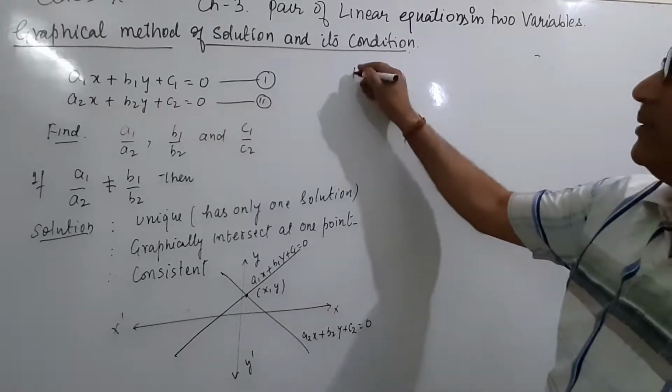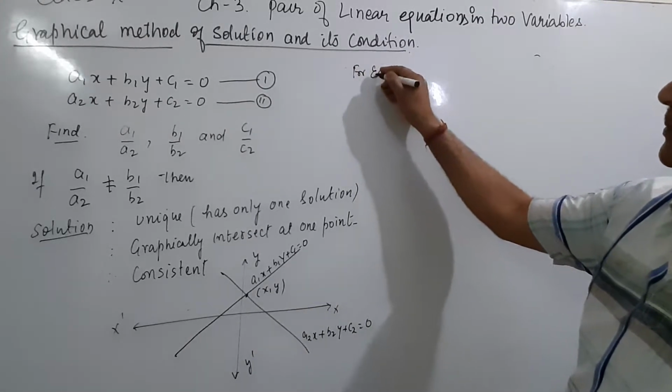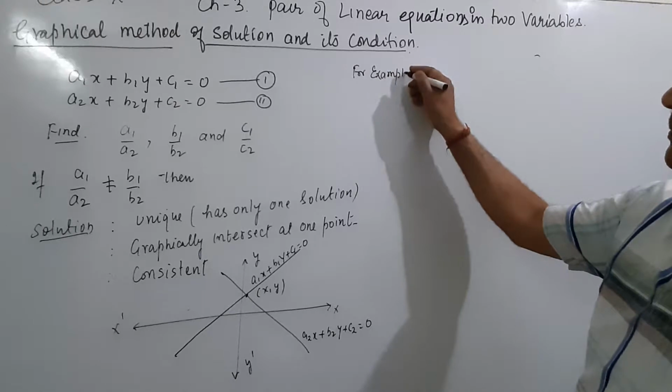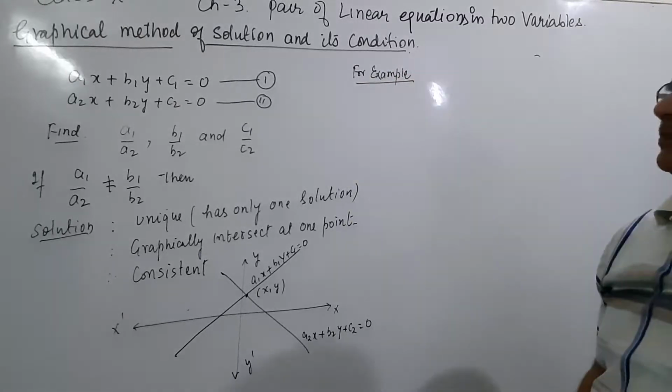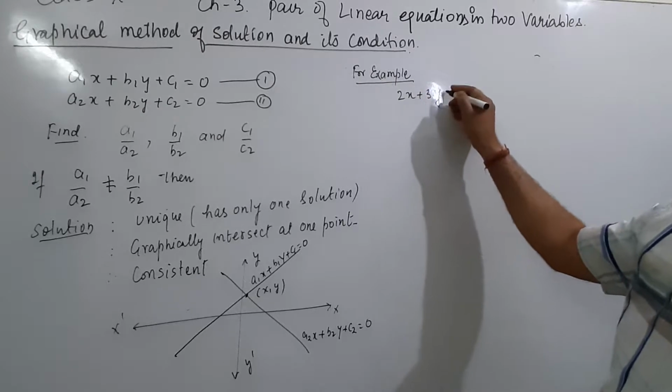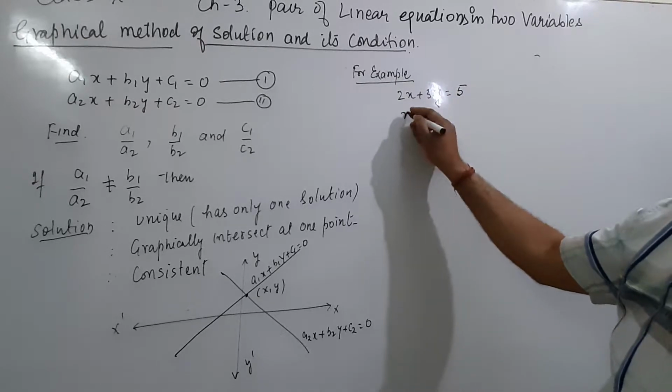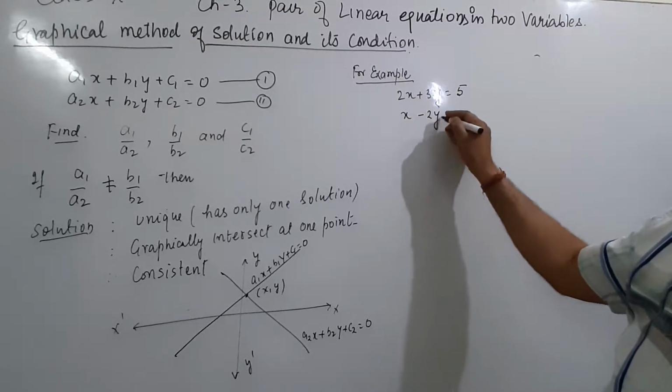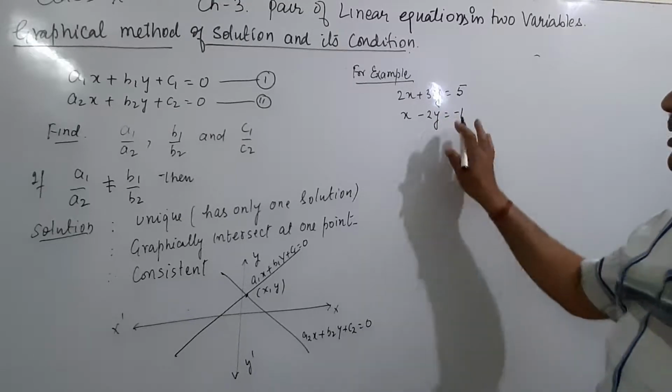And for example, we will take an example: 2x plus 3y is equal to 5, x minus 2y is equal to minus 1.